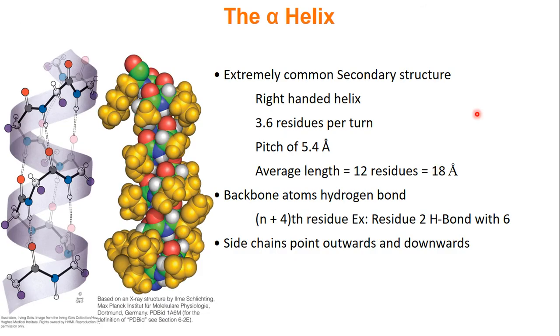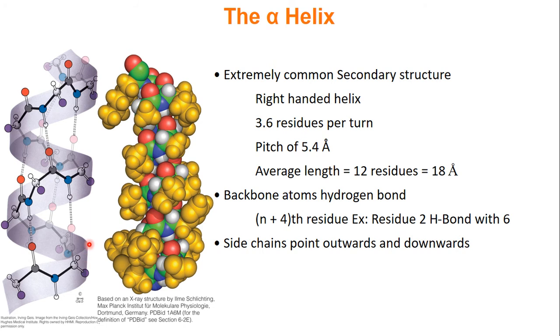So now that we looked at backbones, we looked at Ramachandran, let's actually get into the types of secondary structure we'll see. And one of the most common is your alpha helix, which looks like this. It's a helix, and here is your space-filled model. In the alpha helix, it is generally going to be right-handed, although you can have left-handed.